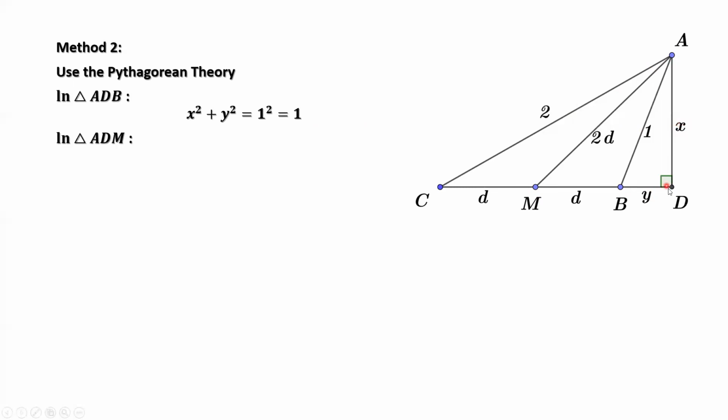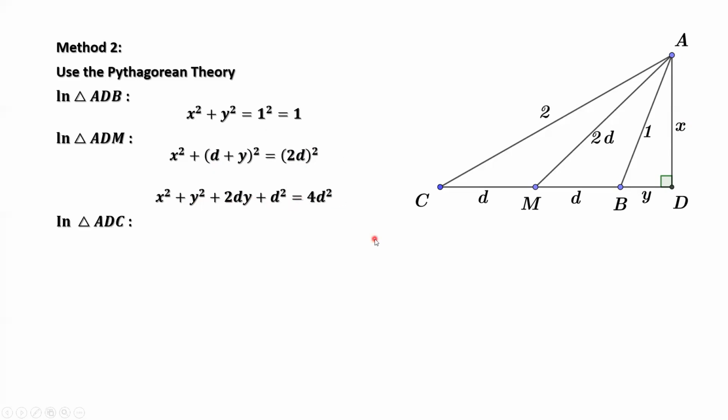X squared plus d plus y squared equals 2d squared. Simplifying this equation on both sides, then we have x squared plus y squared plus 2dy plus d squared equals 4d squared.